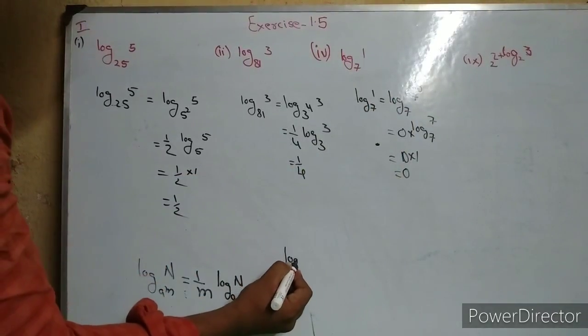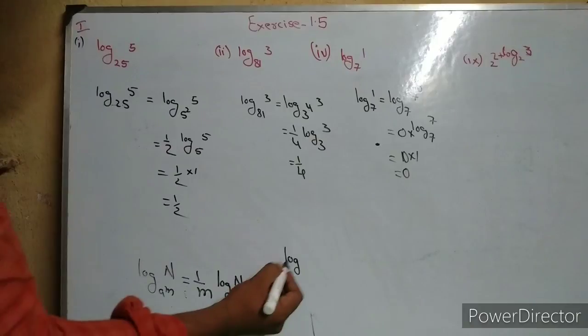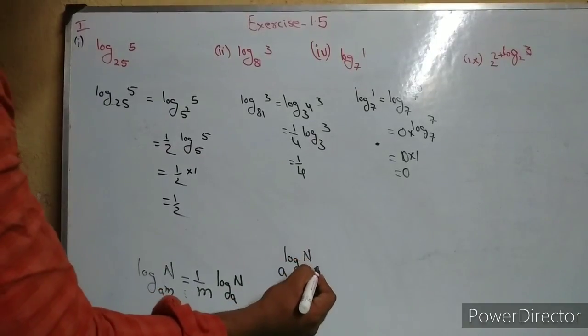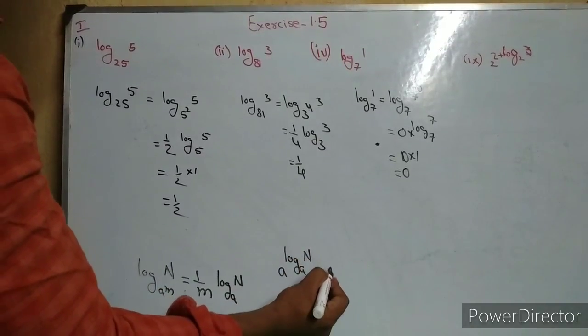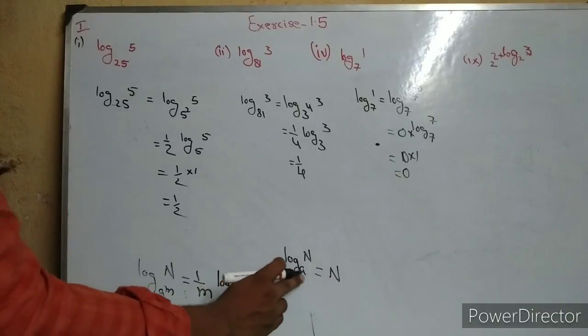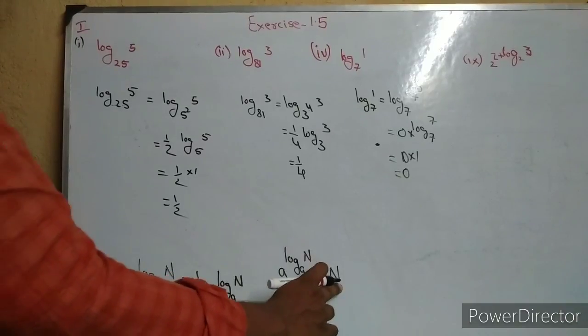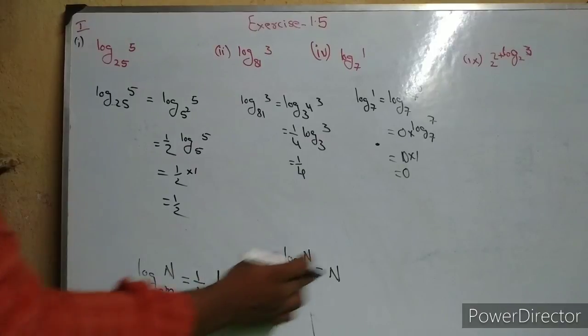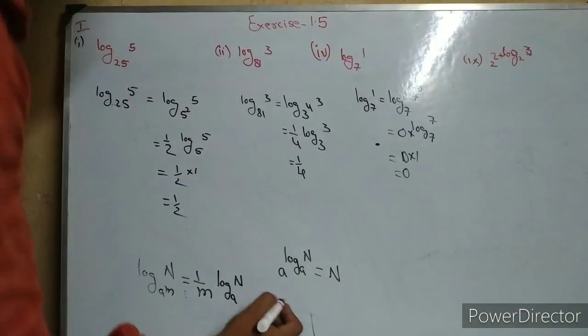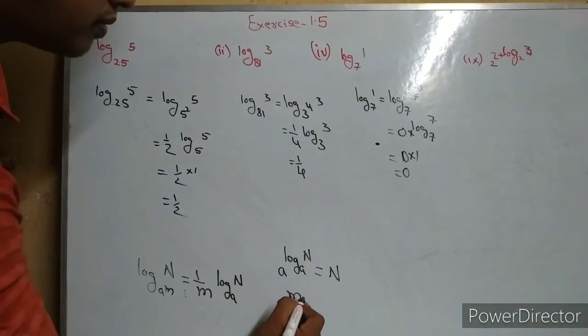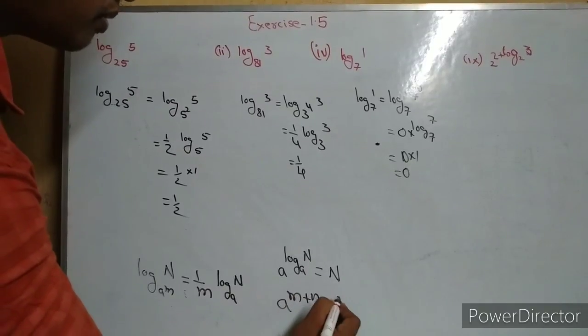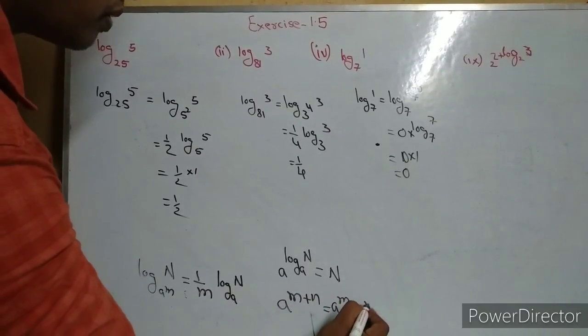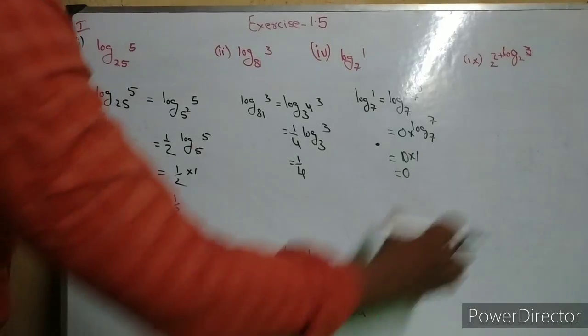a power log base a of n is equal to n. We are using this formula here. And again, a power m plus n is equal to a power m into a power n. We are applying this formula.